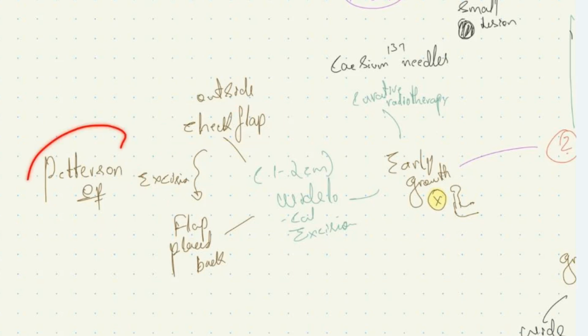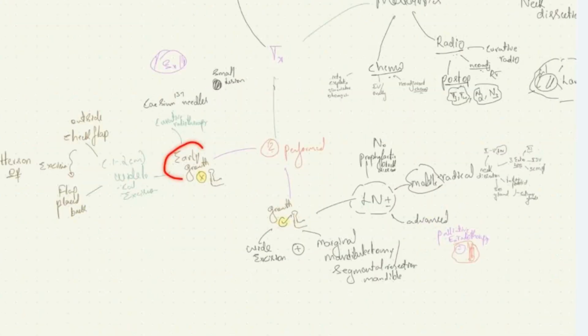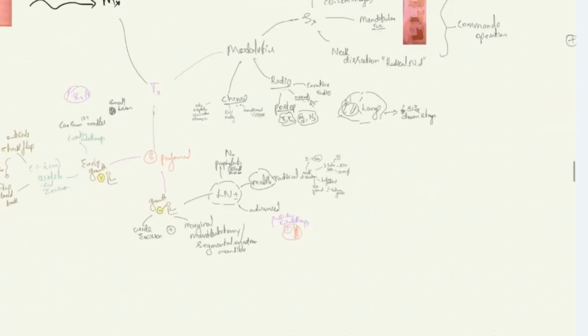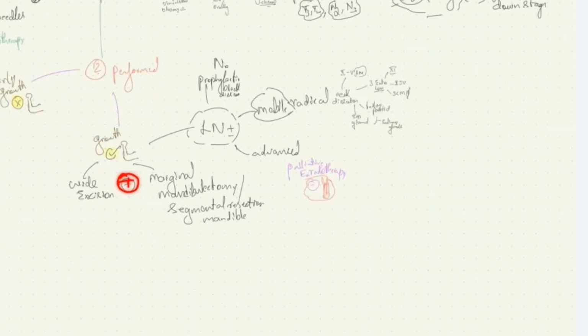This is called Patterson's operation. It is done if the disease is early without the involvement of mandible. If disease is extensive and the growth has involved the mandible, we perform wide excision by different approaches which I have mentioned. Along with that, we perform marginal mandibulectomy or segmental resection of mandible.